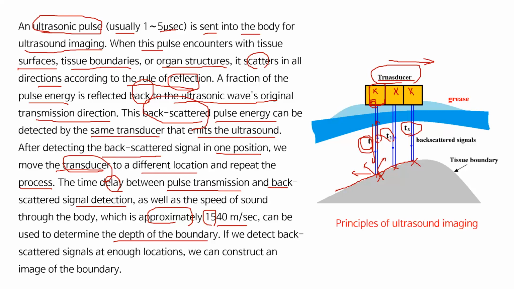Then using this and the speed of sound, we can determine the position of the tissue boundary. If we detect the backscattered signals at enough locations, we can construct an image of the boundary. So this image of the boundary can be formed by using enough data of the backscattered signals.